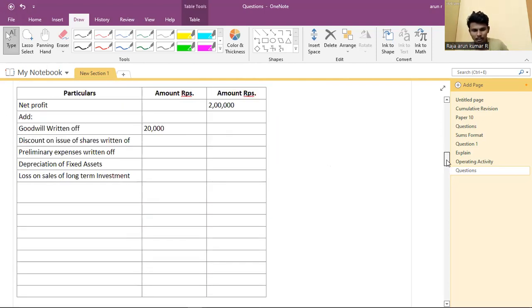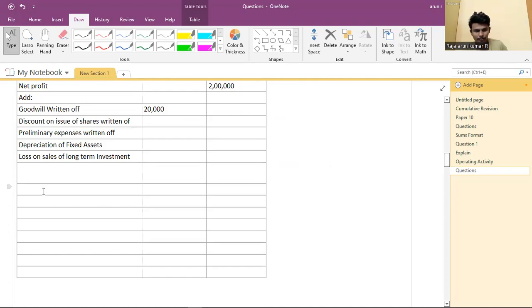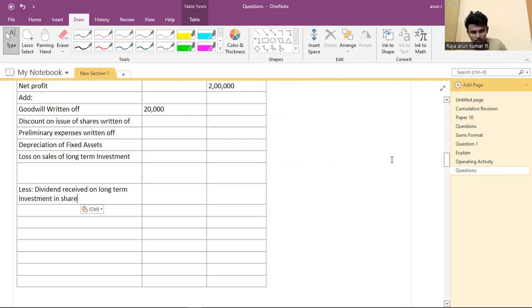Dividend received, it is an income. We less it. Okay.